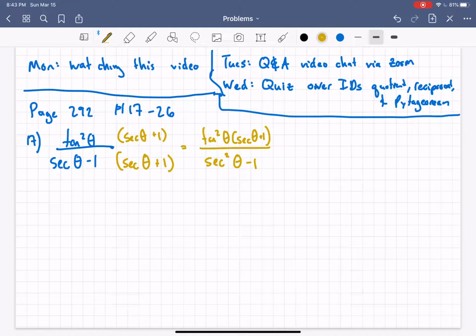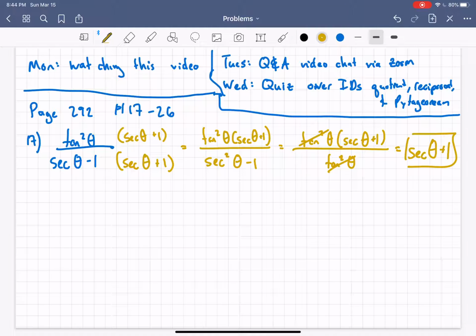All right, so now we have to think to ourselves, what do we have? I did that on purpose. I mentioned Pythagorean identity. So the top stays the same. But then on the bottom, we can use our Pythagorean identity to say that's tangent squared, which these tangents squared divide out, so we're left with just secant theta plus 1.